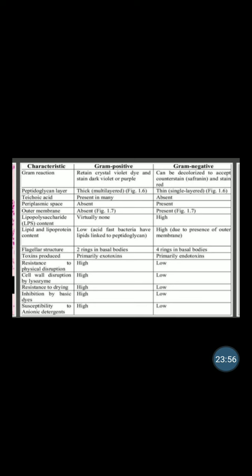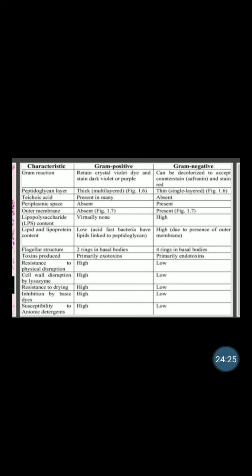Then flagellar structure, in gram-positive bacteria 2 rings in basal bodies, and in gram-negative 4 rings in basal bodies. Then toxin produced, in gram-positive primarily exotoxins, and in gram-negative endotoxins.